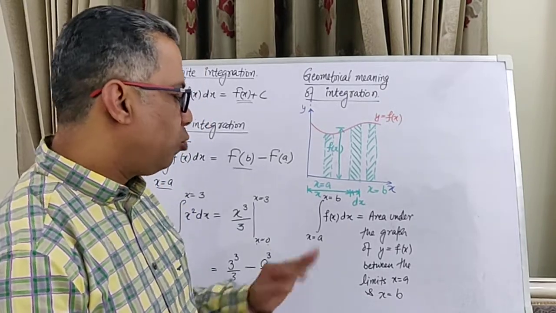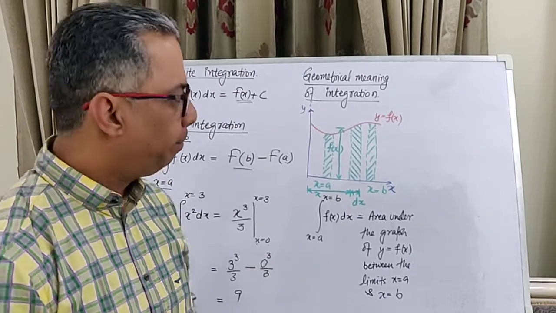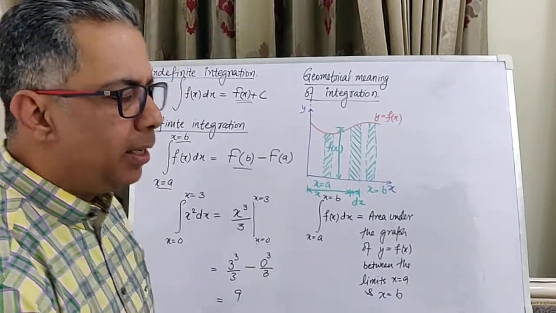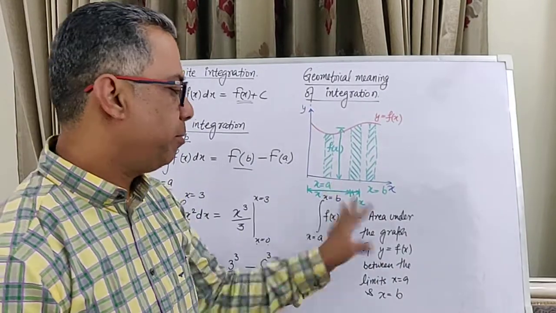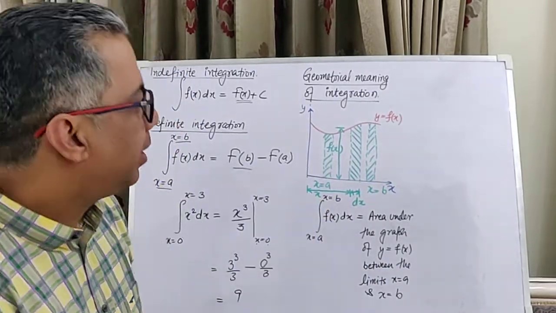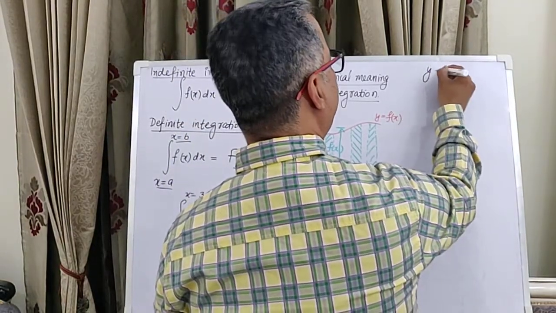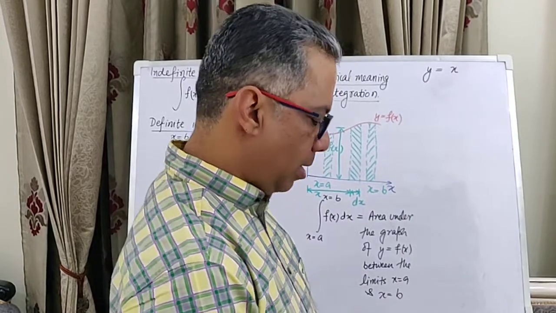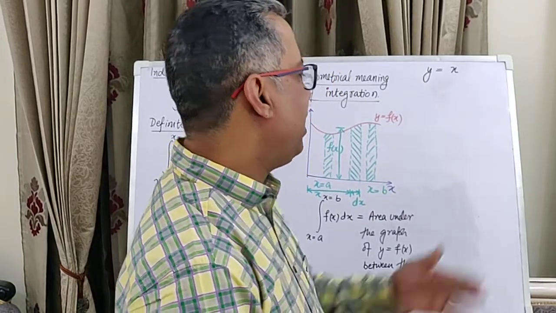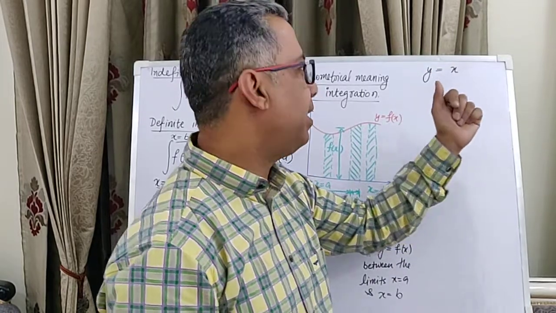Now, to be more certain of this, let's take up a simple example which will confirm for you that the process is correct. We very well know that the graph of y equal to x will be a straight line. Remember, y equals mx plus c is the equation of a straight line.